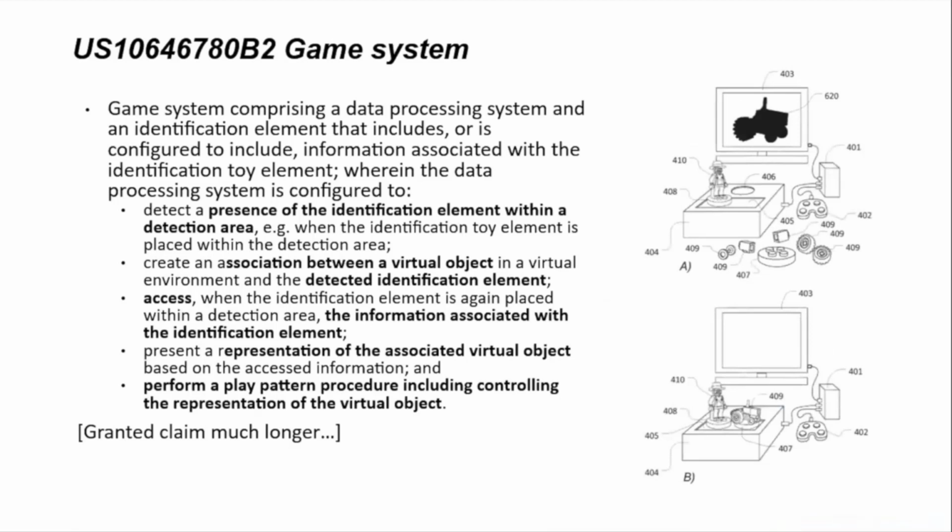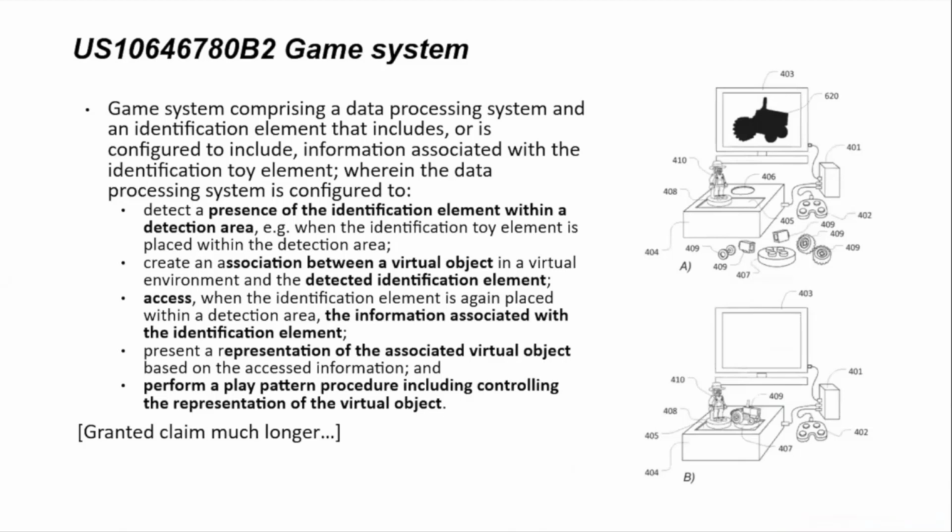Okay, so this is an early one where you have a game system. Of course, you have all this compute data processing systems and everything, which we always need. But the important thing is that they do detect the presence of an identification element, which is a piece of Lego, in a certain area.